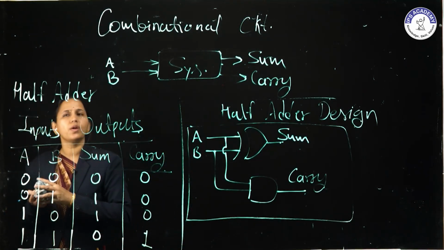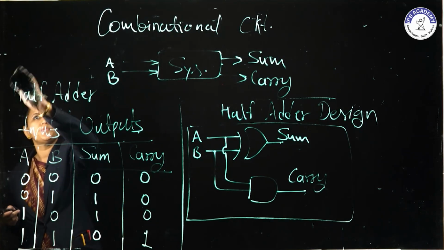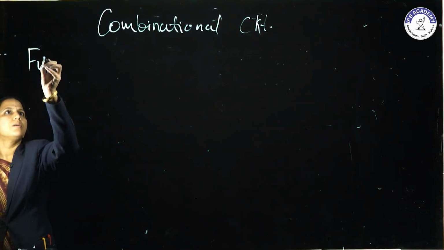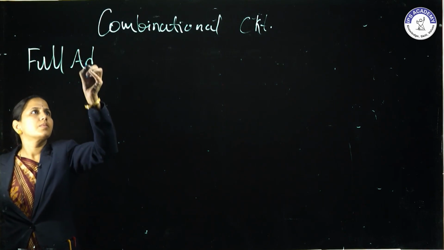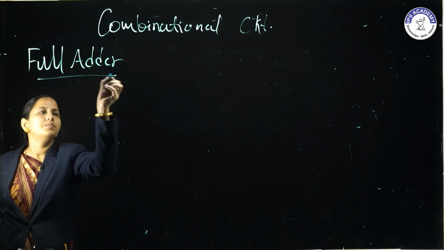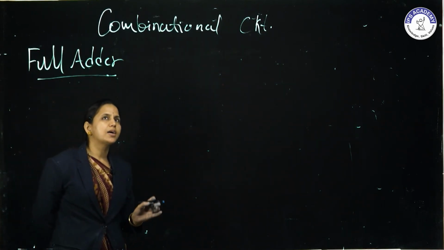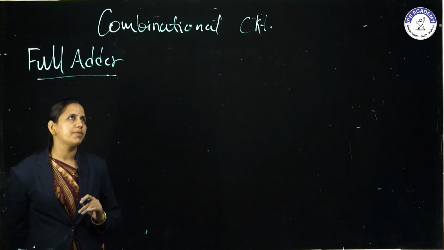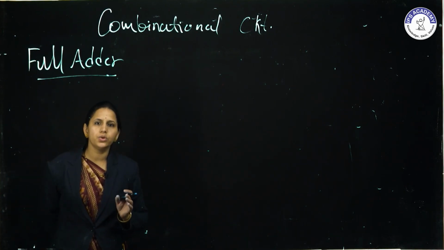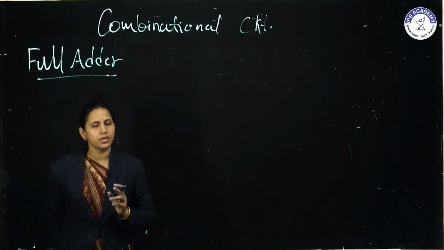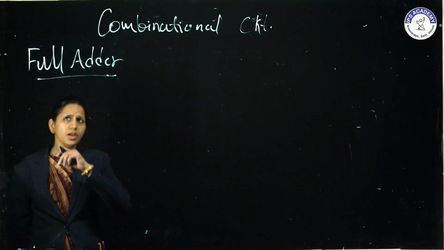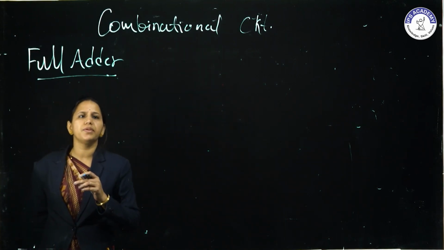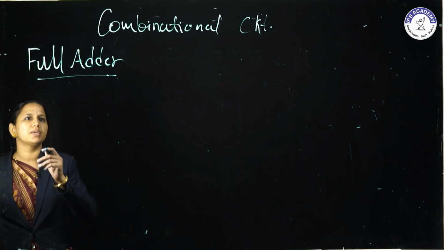Next is the full adder. A full adder is the combination of two half adders. A half adder is used to add only 2 bits, and by using the full adder we can add 3 numbers.